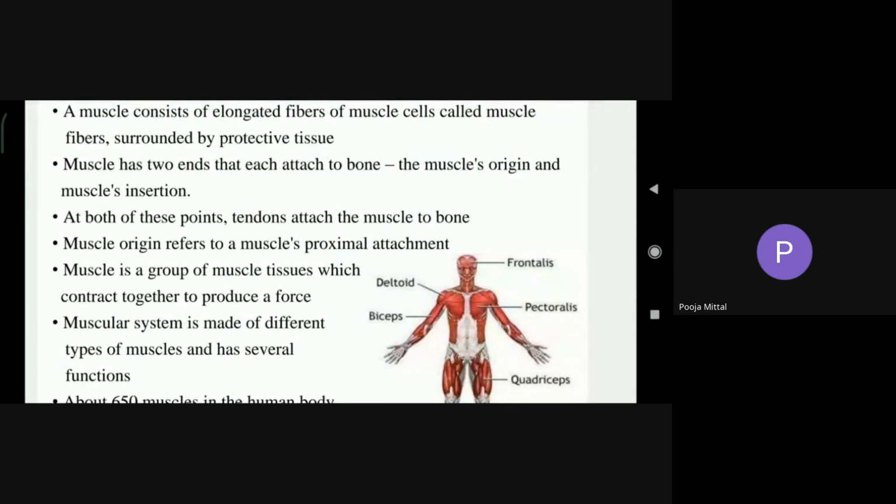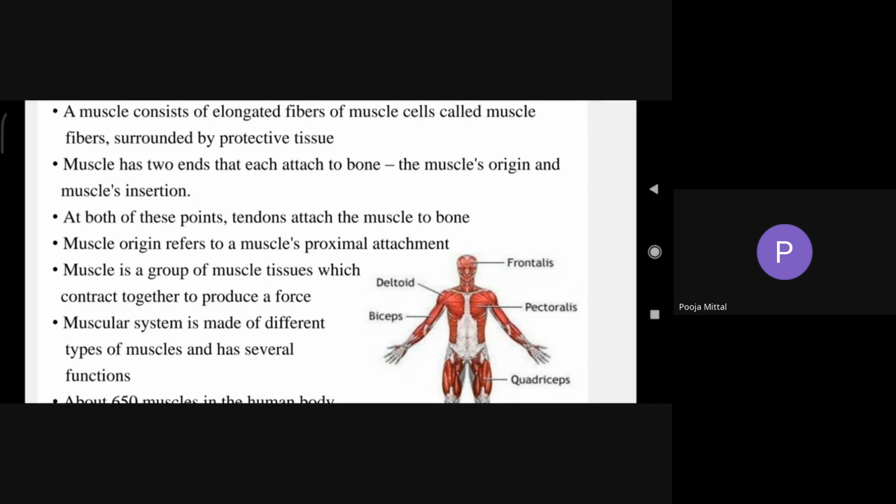Distal means away from the midline of the body. So the muscle origin is the portion from which the muscle is assumed to originate, which is closer to the midline of the body. It's not always true, but it is assumed that muscle origin refers to a muscle's proximal attachment.